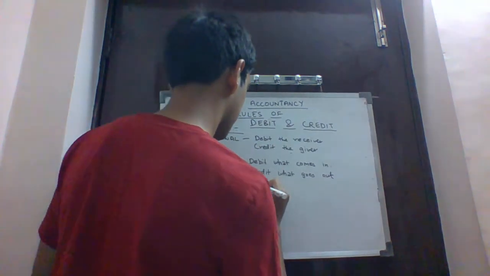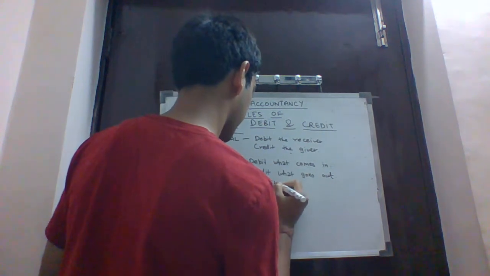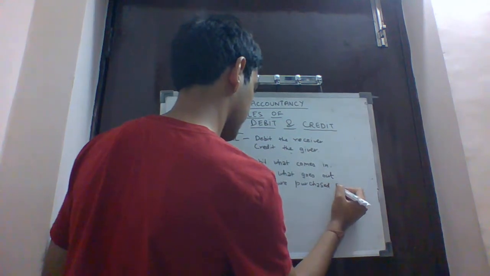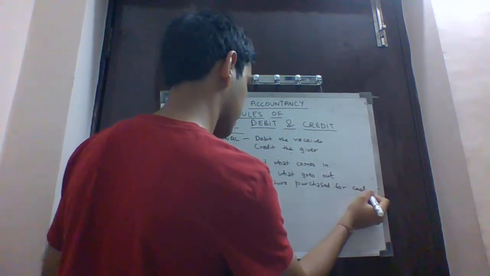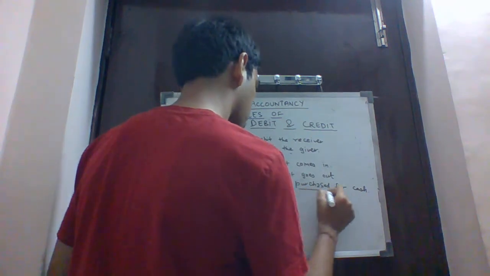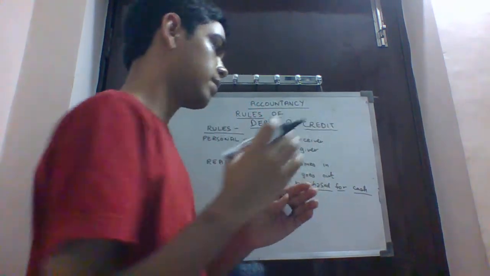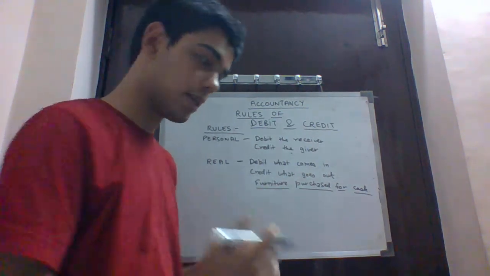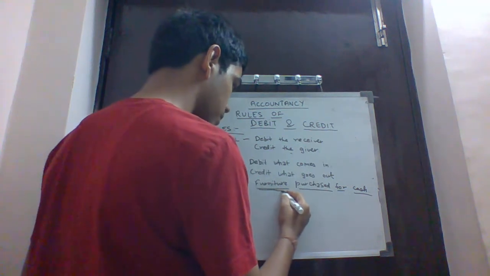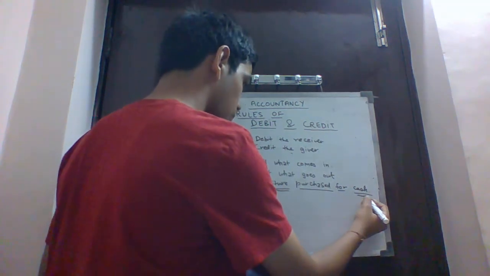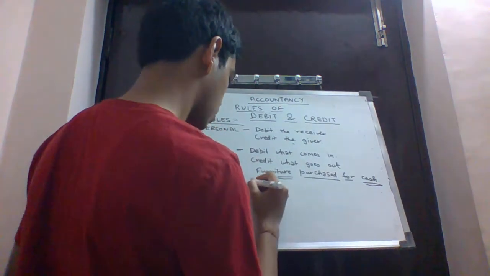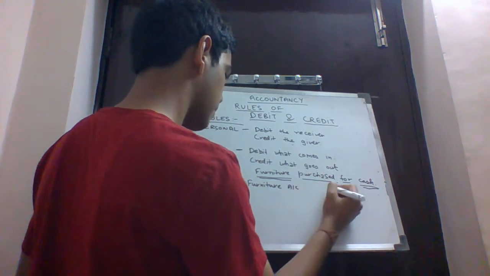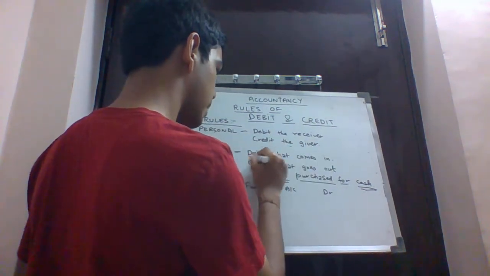For example, furniture purchased for cash. Now, what is being foregone and what is coming in the business? Now, you tell me. Correct. Furniture is coming, and cash is being foregone. So, furniture account will be debited because debit what comes in.